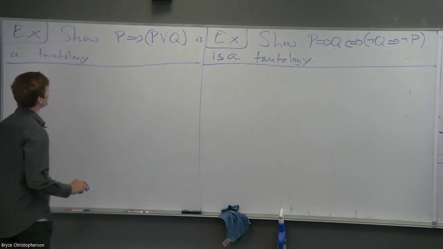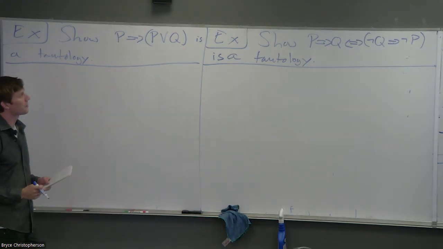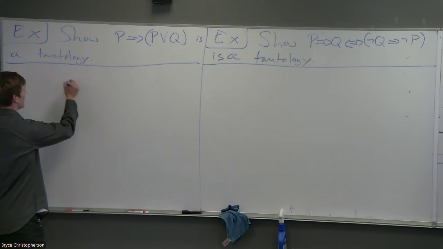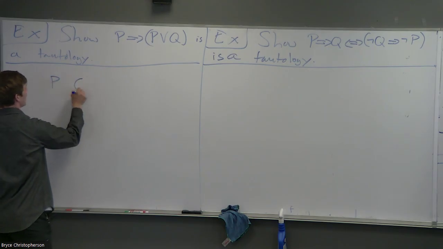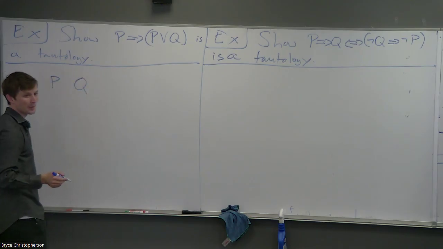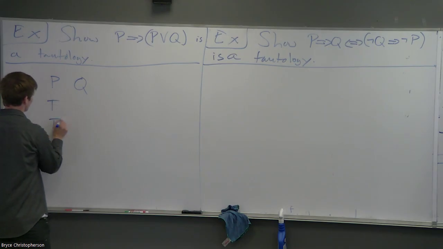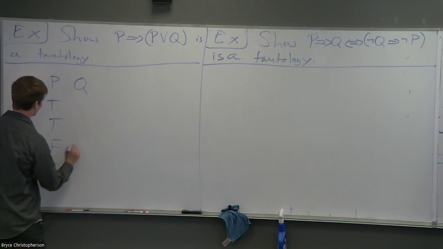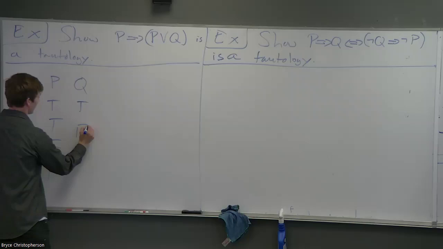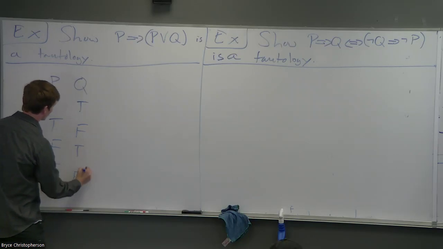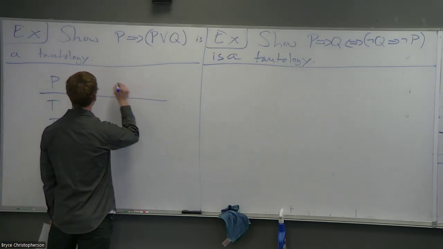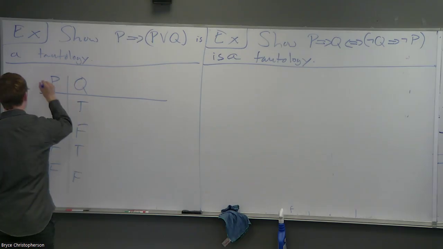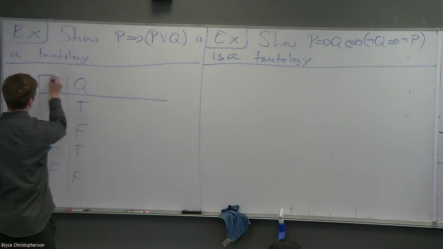Okay, so for the first one, we're showing that it's a tautology. What's the first step? Put your P's and your Q's and put all the possible truth values. True, true, false, false, true, false, true, and now, truth table next.